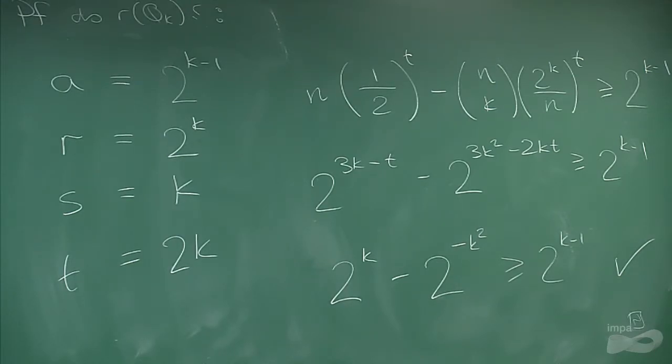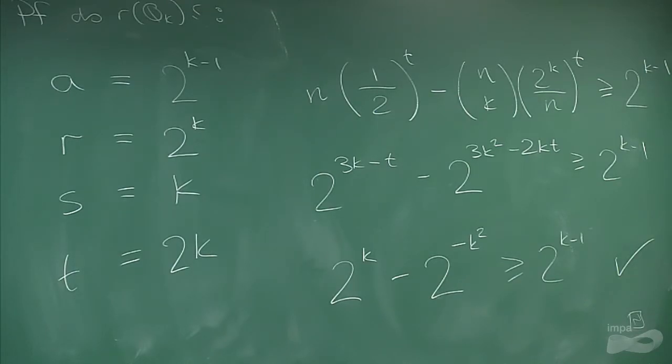So let's take a 2-coloring of the edges of Kn and call the edge sets GR and GB. And let's suppose, without loss of generality, that GR has at least as many edges as GB. Okay.